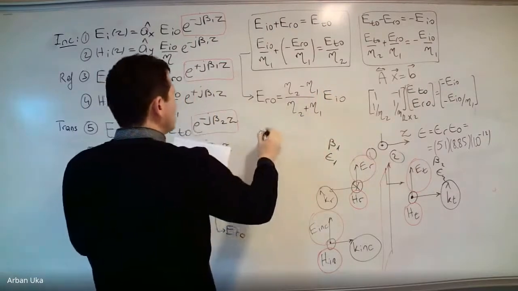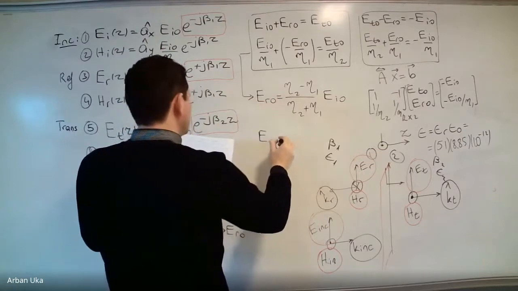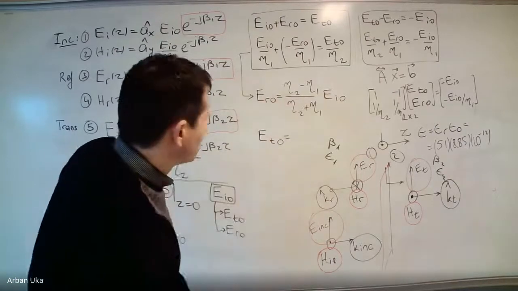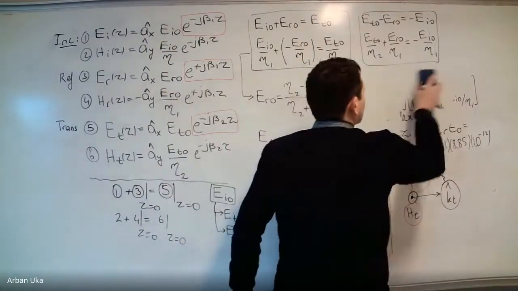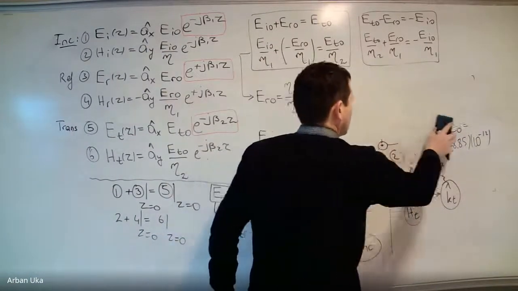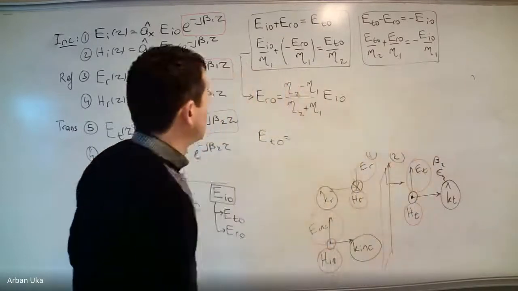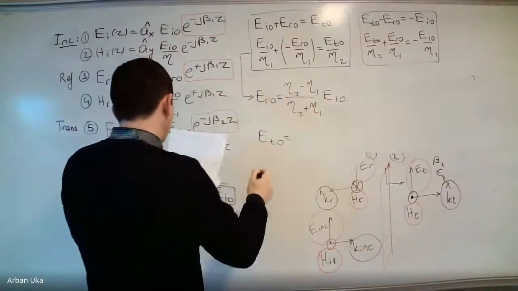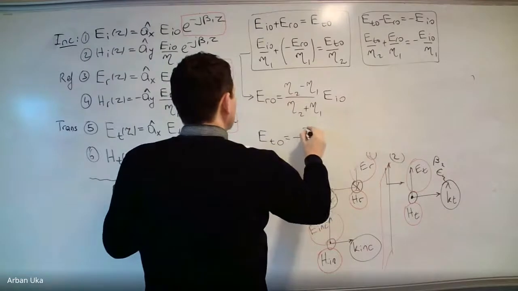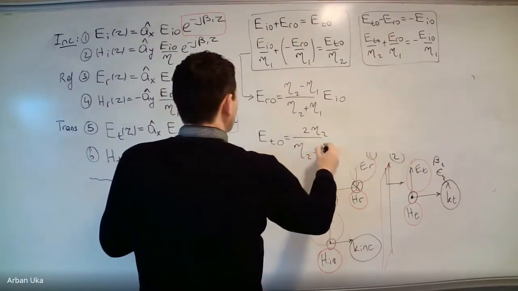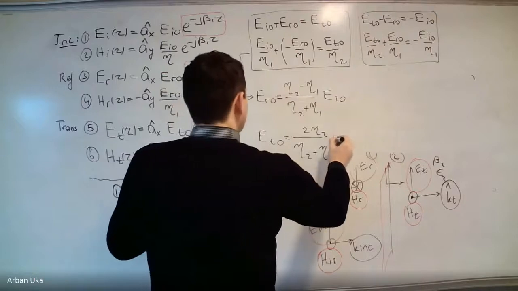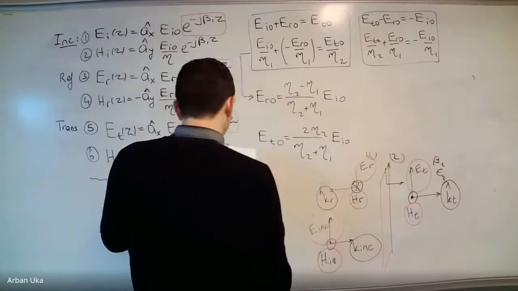Then we can also write ET0, this is equal to 2 eta 2 over (eta 2 plus eta 1) times EI0.